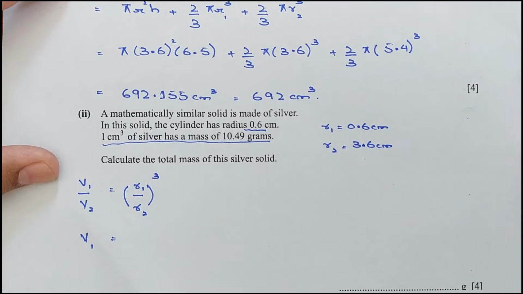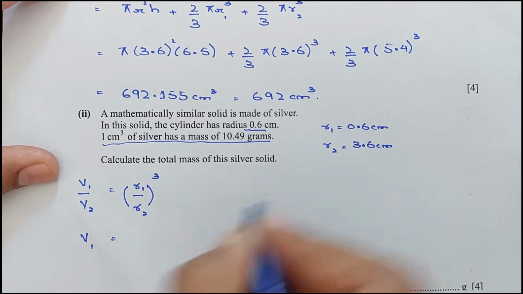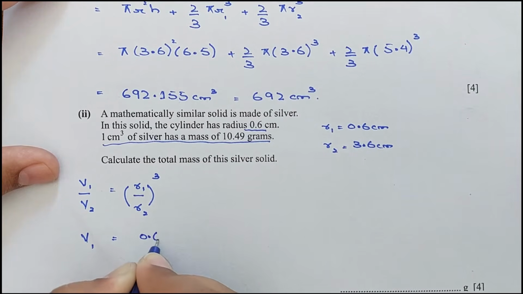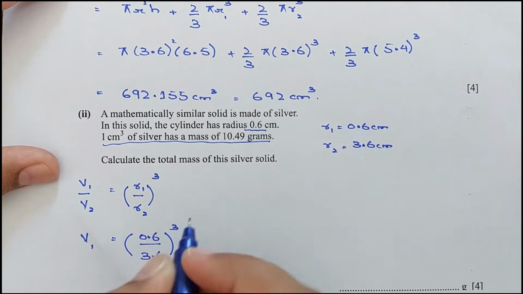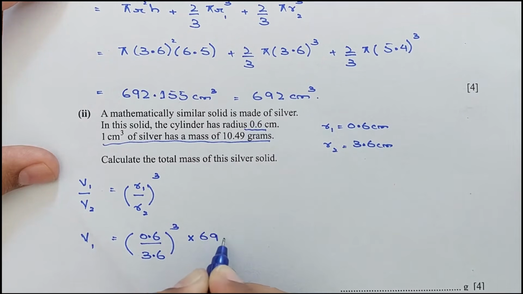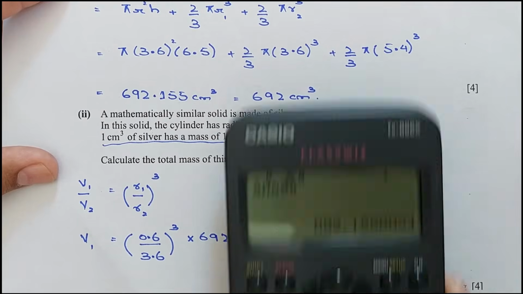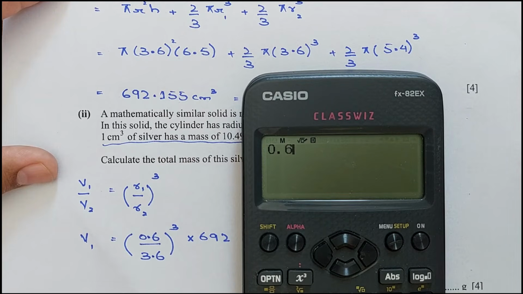Volume 1 is the silver solid, and volume 2 is the solid from part 1. So radius 1 is 0.6 over 3.6, the radius for the second, cubed, times the volume, which is 692. Let me simplify: 0.6 divided by 3.6, its cube, times 692.